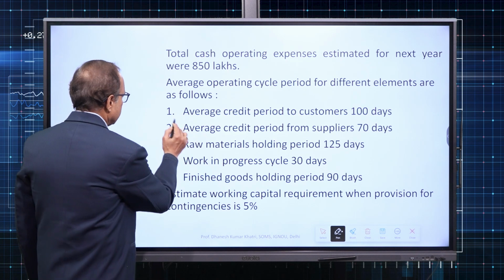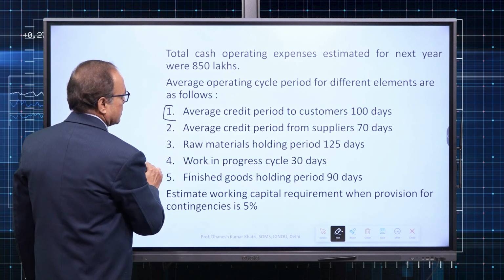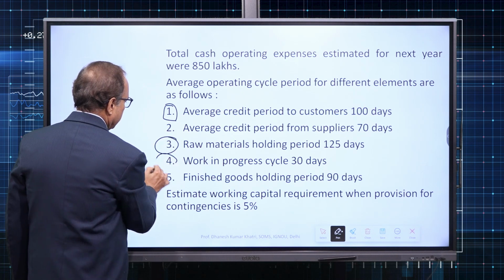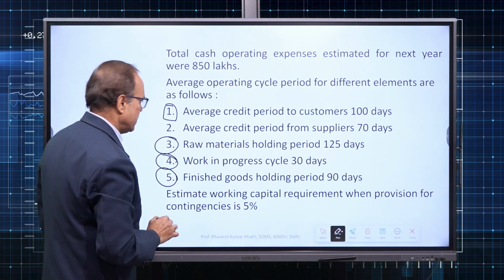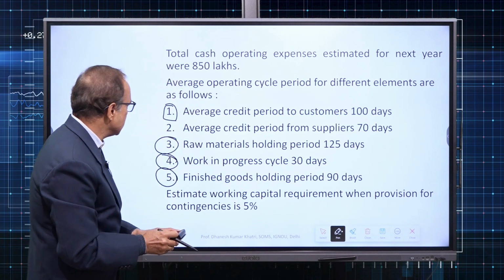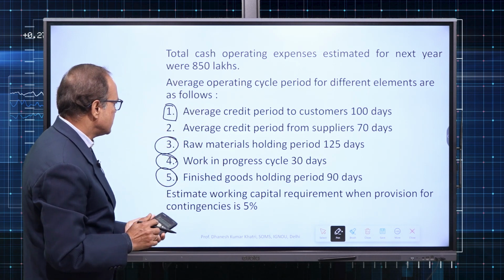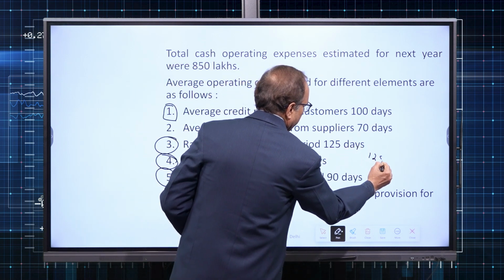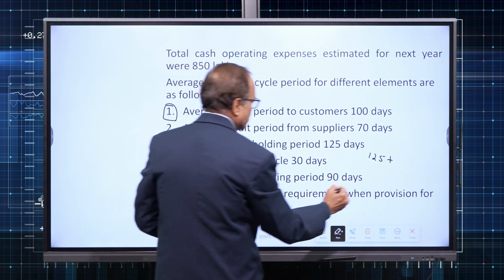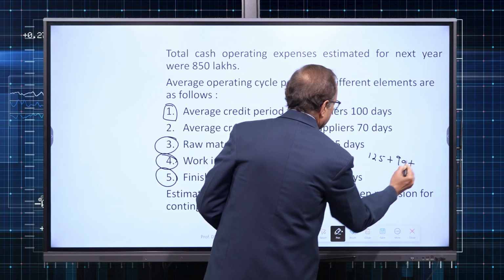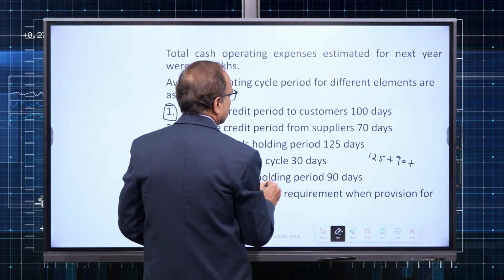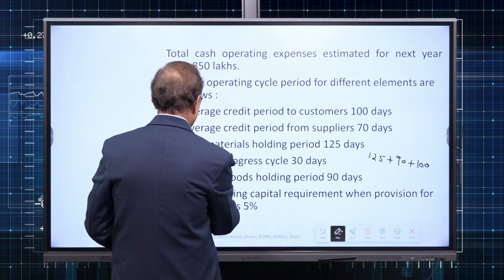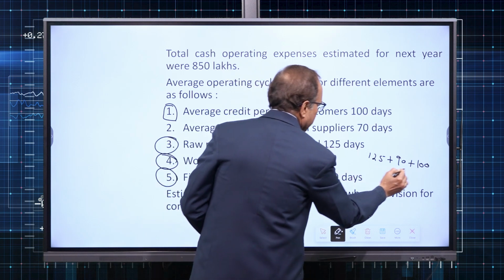So, add up these: average credit period allowed to customer, raw material period, WIP period and finished goods period, because these are the gross operating cycle which I have encircled. So, if we start in a logical manner, it will be 125 plus finished goods storage period 90 days plus average credit period to customers 100, then WIP period is also 30.